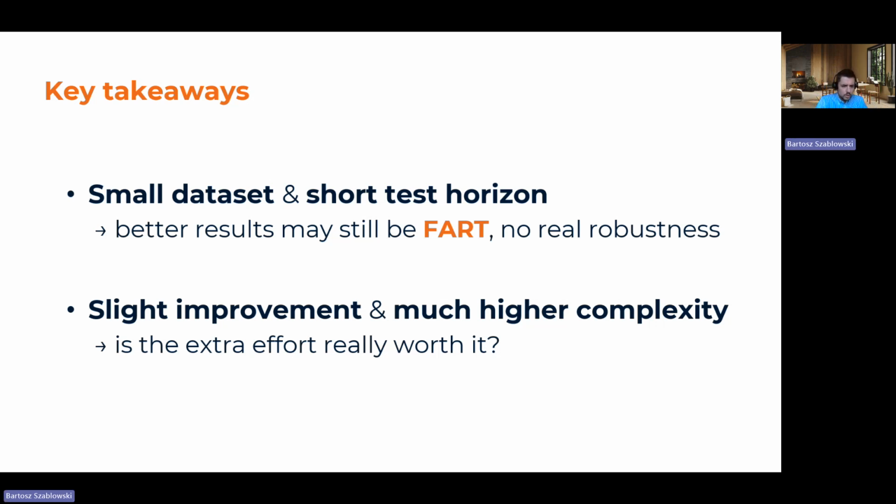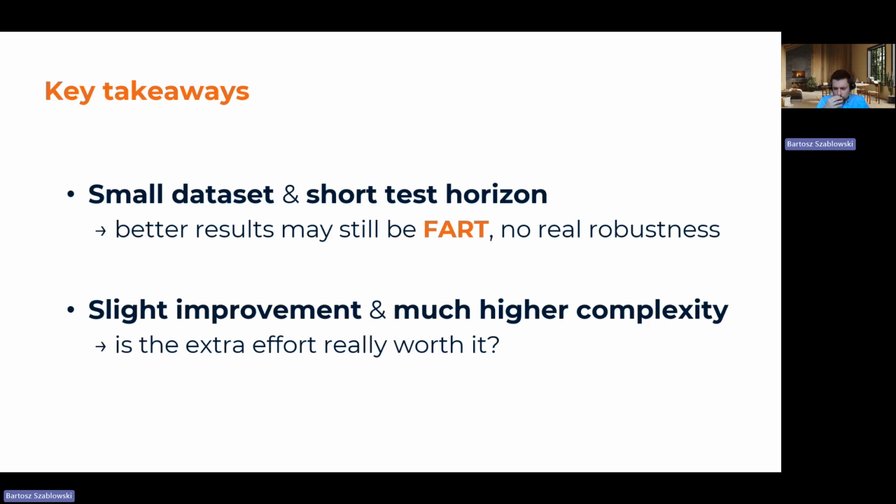For both, the results are better in terms of forecast quality and in terms of total cost. However, the data set is quite small and the test set is short. So being honest, the better result may simply be by chance.